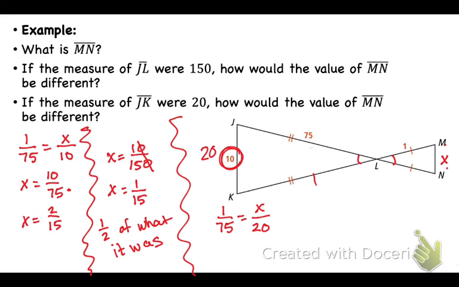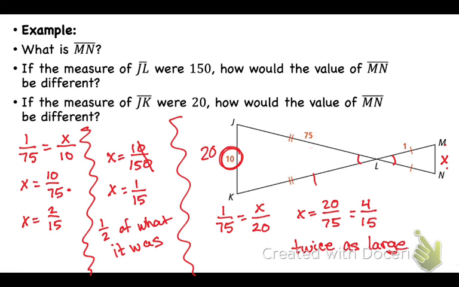So that would be X equals 20 over 75, which is what? 4/15. Now wait a second. What happened to MN now? It doubled. It's twice as large, isn't it?